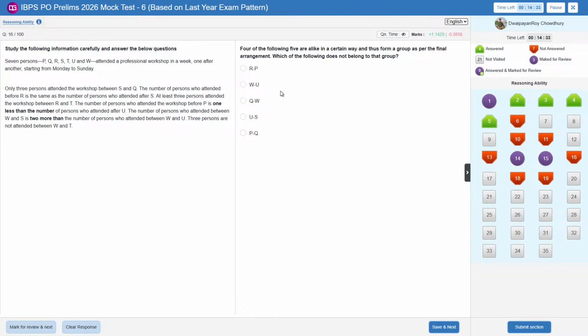Okay, so RP is a pair. WU, gap of 1. QS, okay, gap of 3 again. US, okay, US. PQ, no, it's not making any sense.